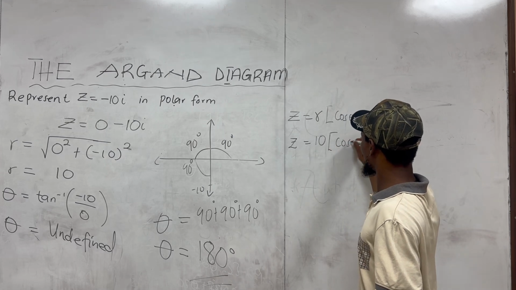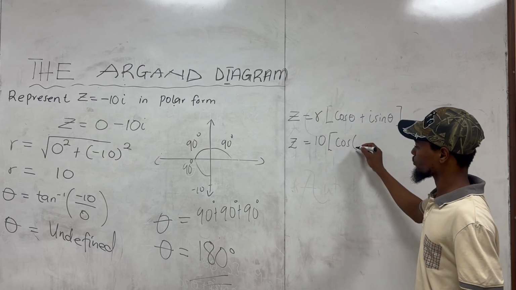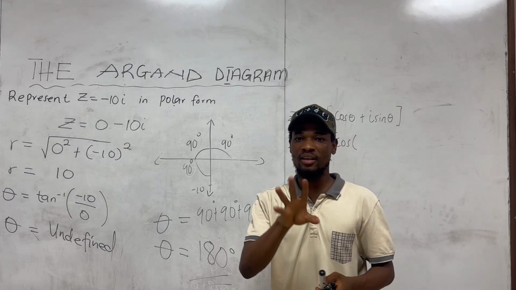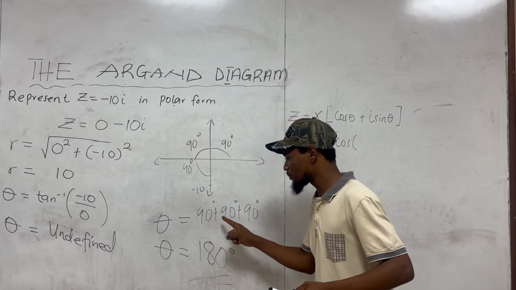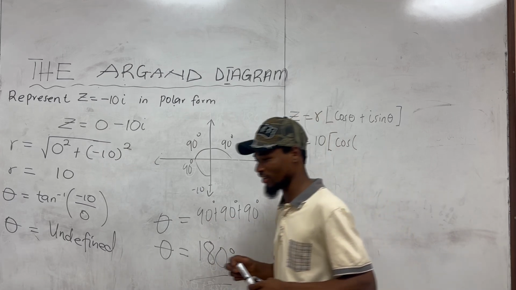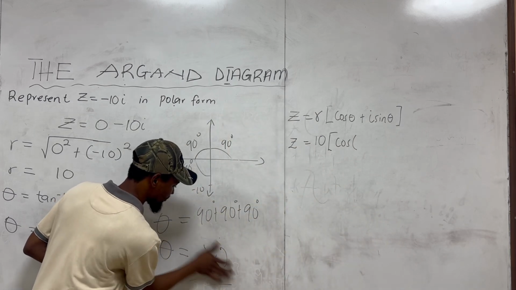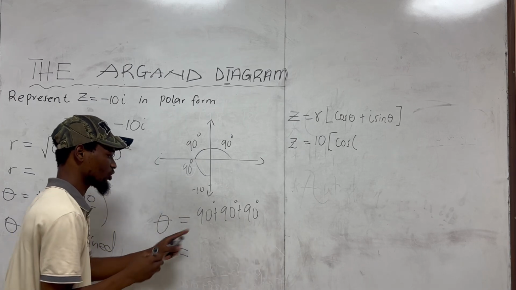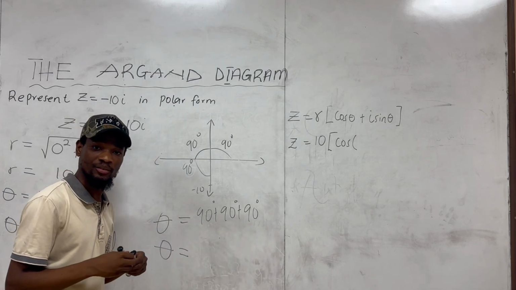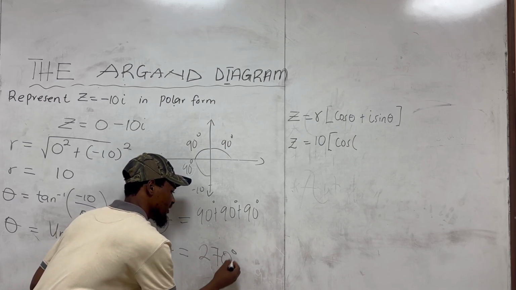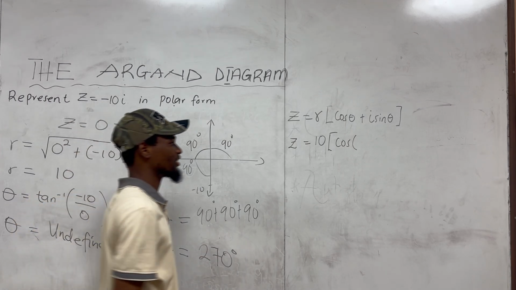The cos of, viewers, there is a mistake here. 90 plus 90 plus 90 gives 270 degrees.